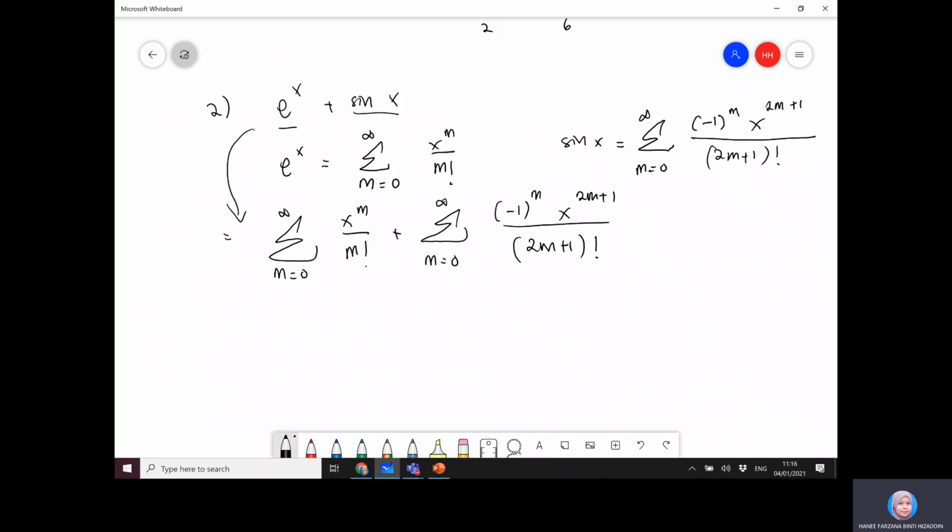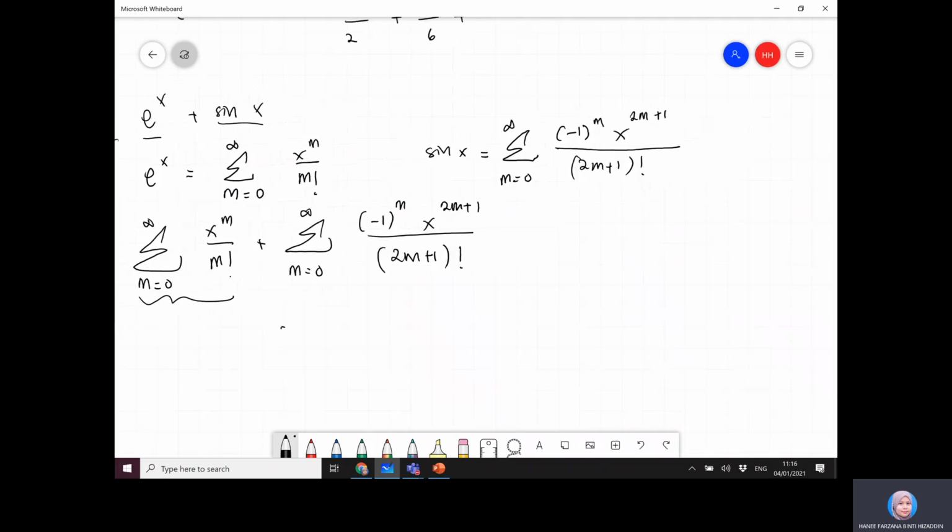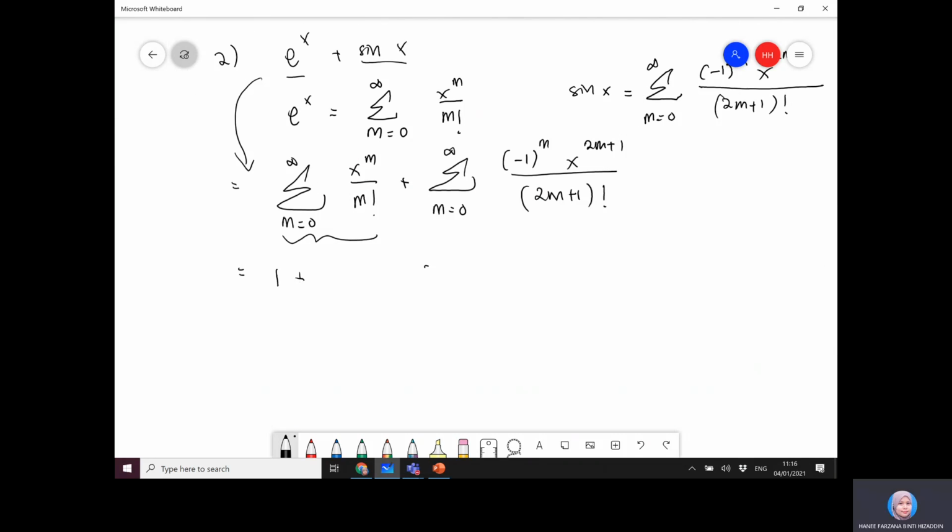and then you can expand them from m equals 0 until infinity. So you do this separately. Do the first one first. So you get 1 plus x plus x squared over 2 plus x cubed over 3 factorial, and so on and so on.